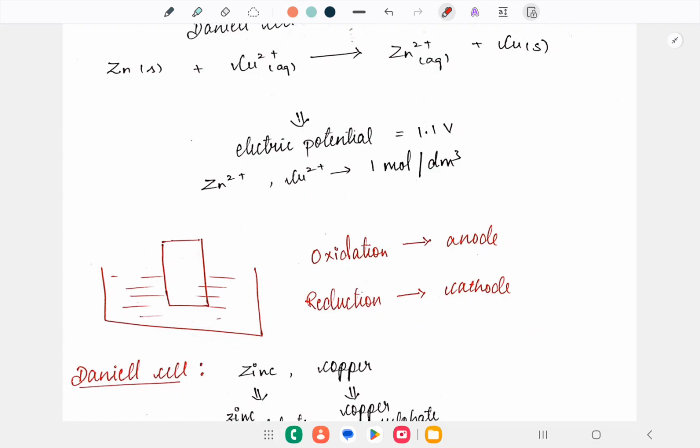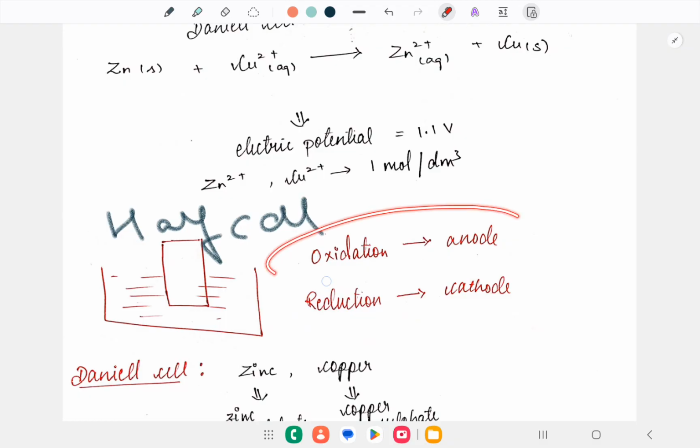This combination is called a half cell, or a redox couple. In a half cell, either reduction can happen or oxidation can happen.